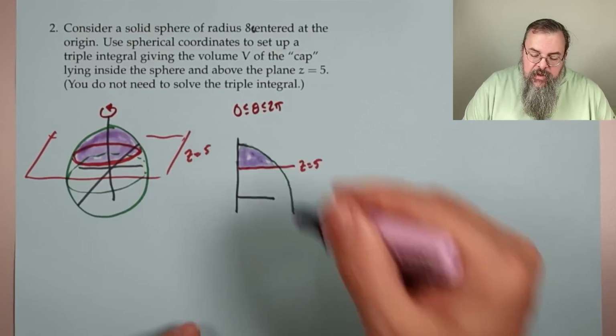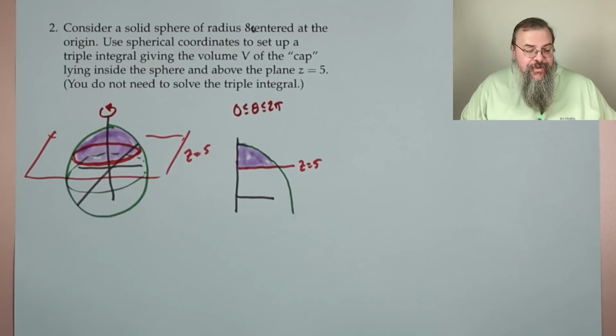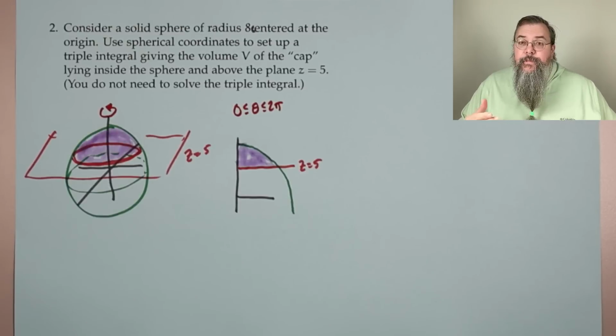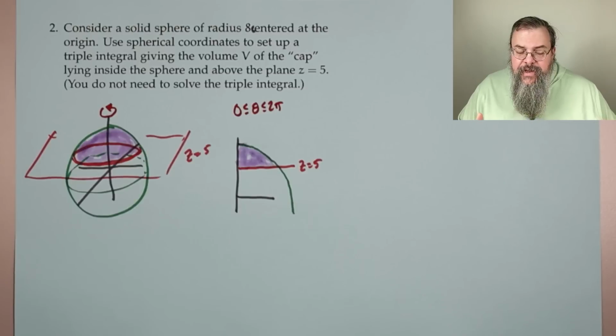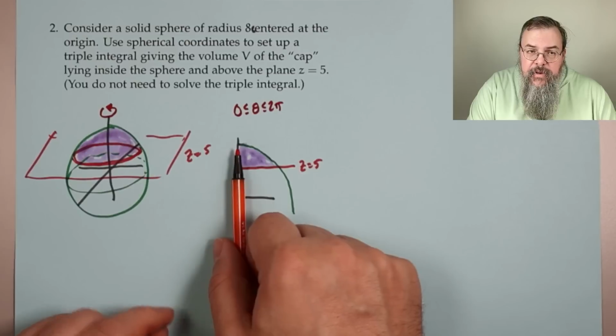Now, remember, we're in our spherical mindset, not our cylindrical mindset, so we have to start thinking about our other parameters. We talked about theta. Let's talk about phi. How do you find phi? Phi is an angle, so we just have to figure out the right angle. Phi equals 0 is straight up the z-axis.